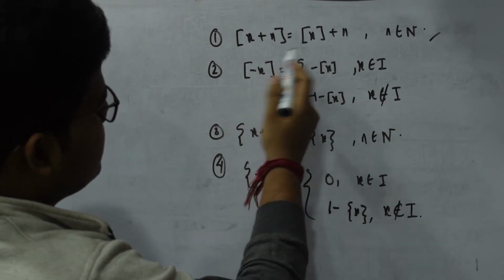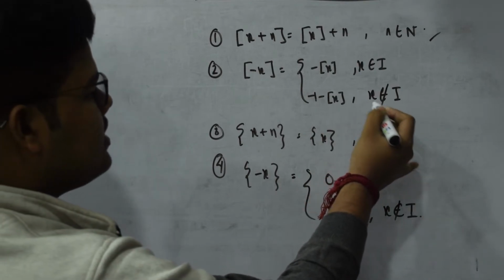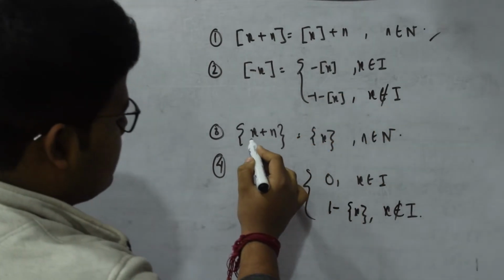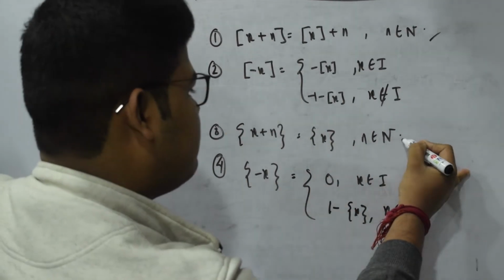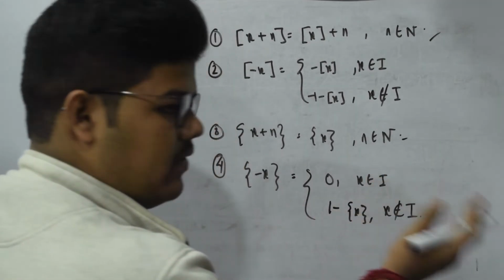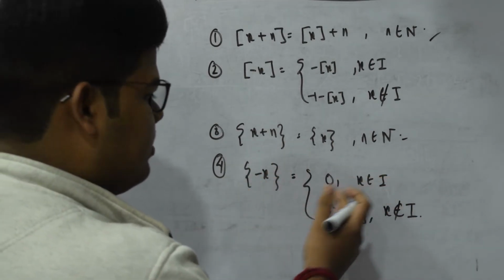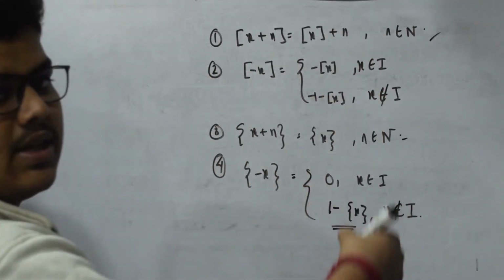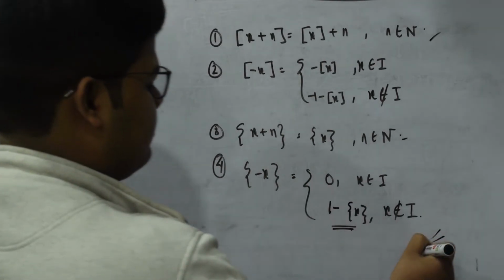For minus x, if x is an integer, it's minus of GIF x, and if it's not an integer, it's minus 1 minus of GIF x. For the fractional part of x, this n just vanishes away. Same, n belongs to natural numbers, and for the fractional part of minus x, it's 0 if it's an integer, obviously the fractional part of any integer is 0, and if it's not an integer, it's simply 1 minus the fractional part of x. Just take a screenshot, and let's now go to the fractional part's graph.